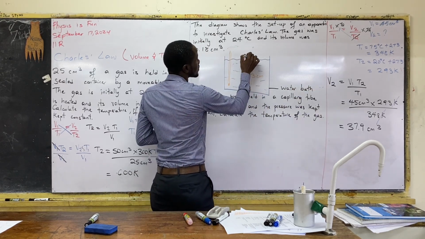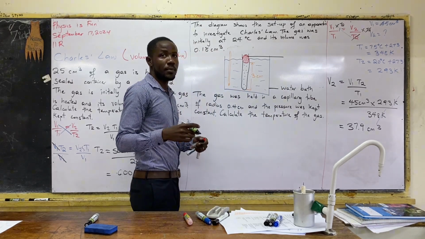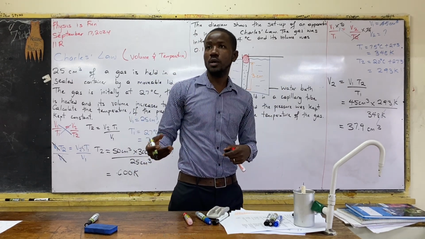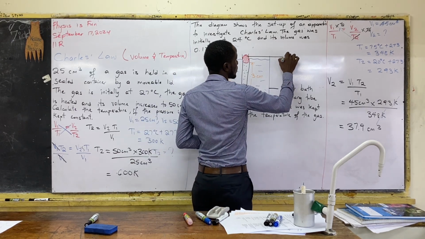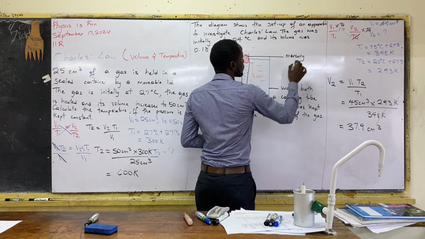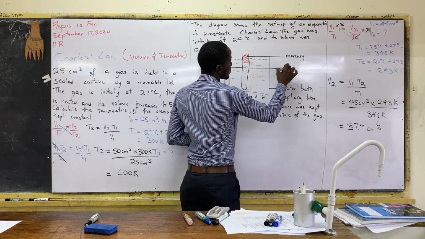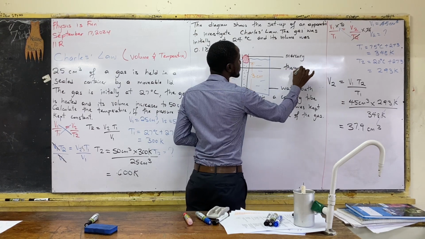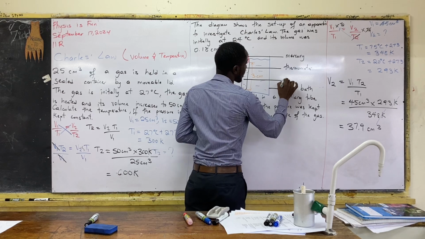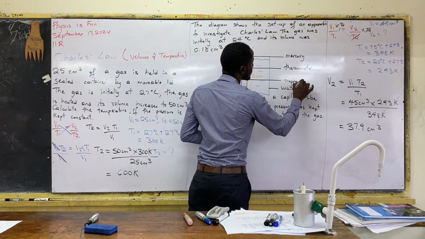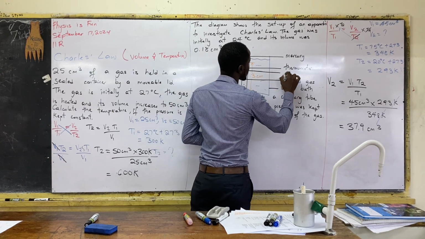This right here is a plug. We usually use sulfuric acid or mercury, just to trap the gas. This right here is a thermometer. This right here is our trapped gas. And then these would be our gas molecules.